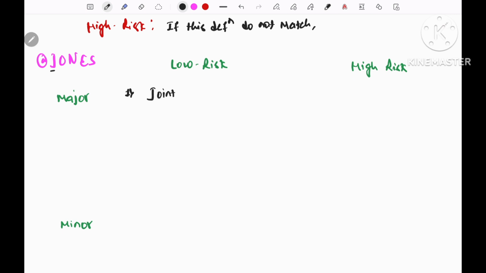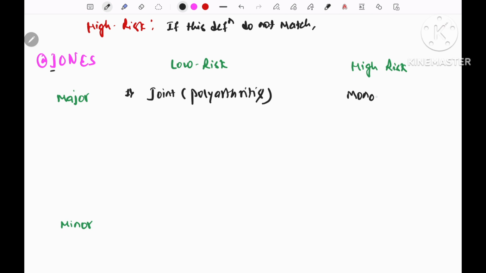So in joint, if there is low risk, then there should be polyarthritis. But in case of high risk, if there is monoarthritis, it can also be considered as major criteria.